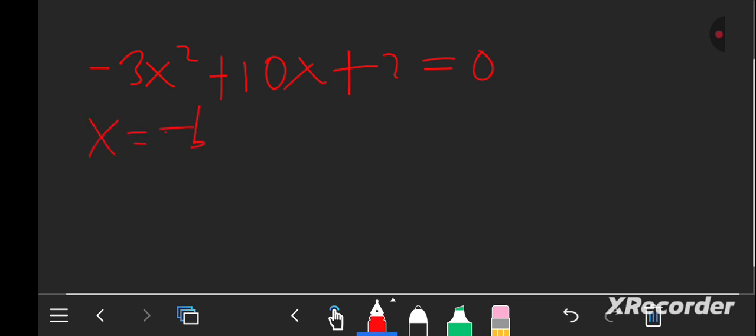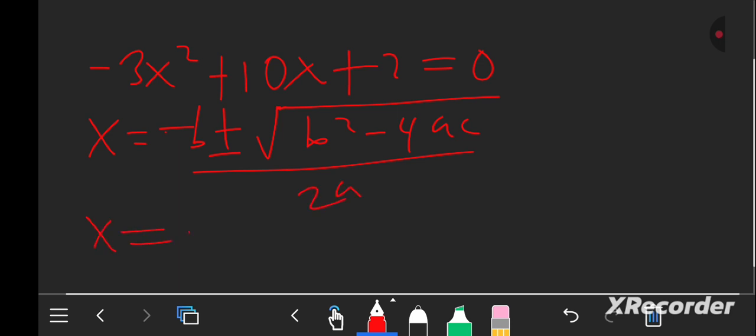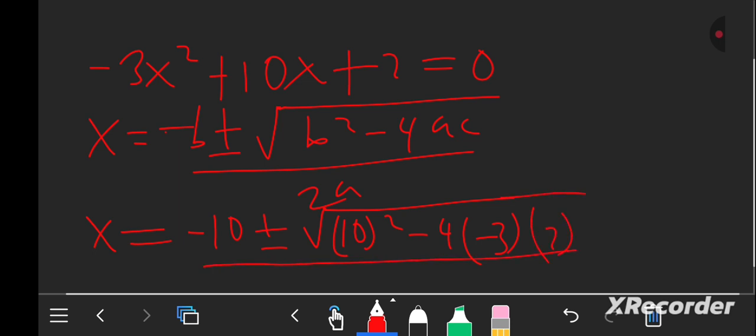It will be negative b plus or minus square root of b squared minus 4ac over 2a. Then x will be equal to negative b, where b is equal to 10, so negative 10 plus or minus square root of b squared, which is 10 squared, minus 4, where a is negative 3 and c is 2, over 2a, which is 2 times negative 3.